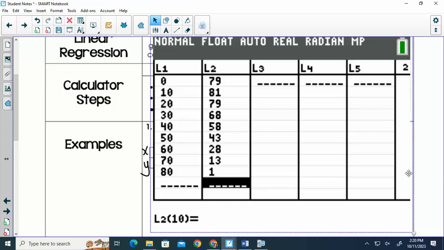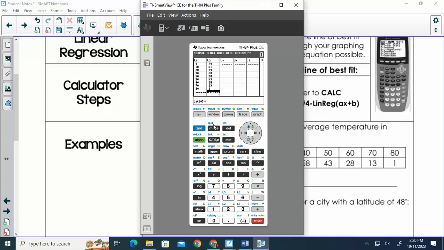So now, on our calculator, we are going to go back into Stat. And this time we want our calculator to do something for us. So we're going to go over to Calc. So just use your right arrow, highlight Calc. And we want the equation of the line. So this is linear regression.